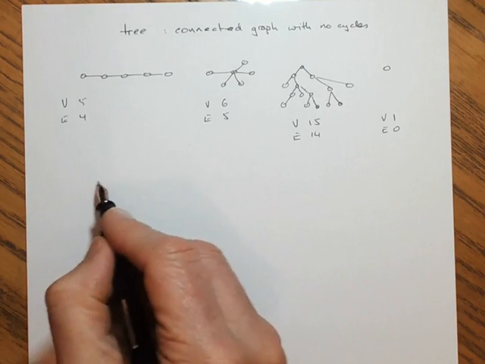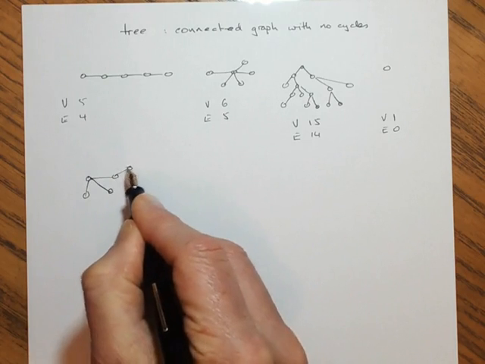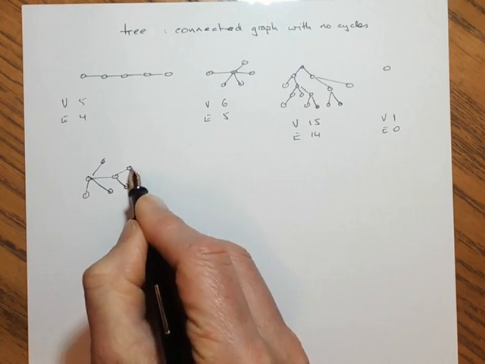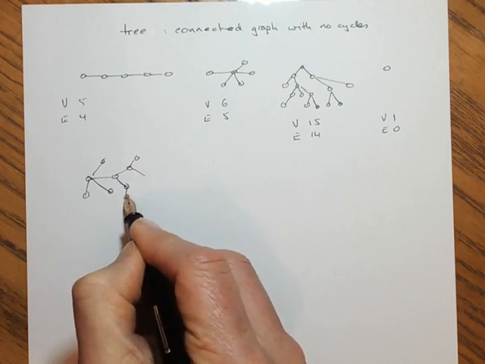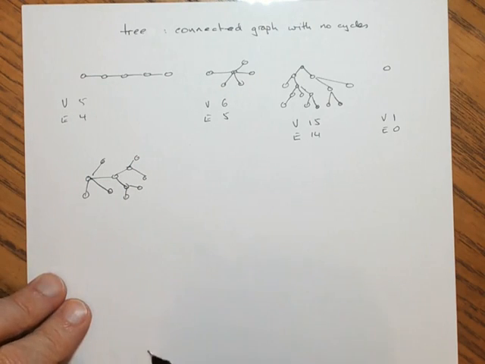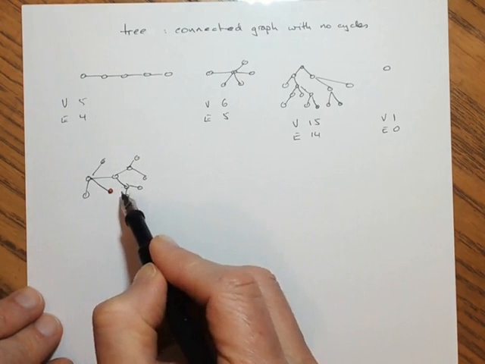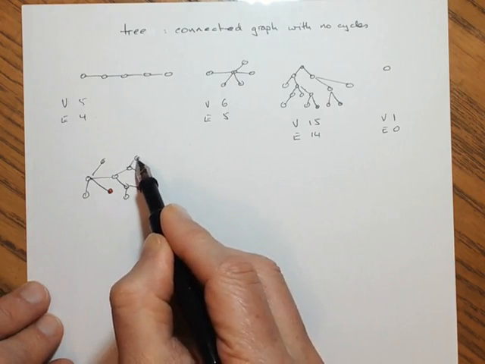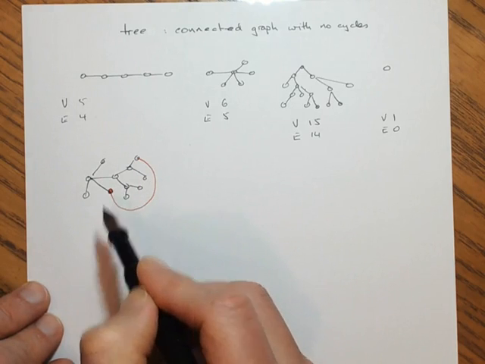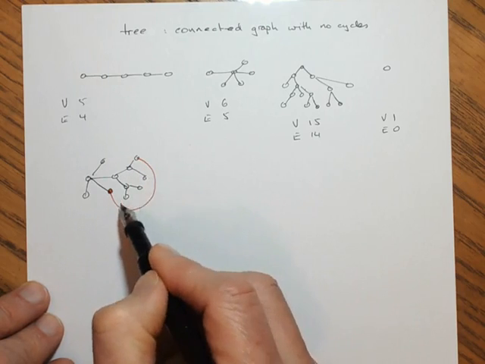So here's, I'm just going to draw another tree here, and I'm being careful not to put any cycles in it. And what you observe is that if I add an edge between any 2 vertices, say this vertex and this vertex, if I add an edge, I'll go around that way, that automatically creates a cycle in here.